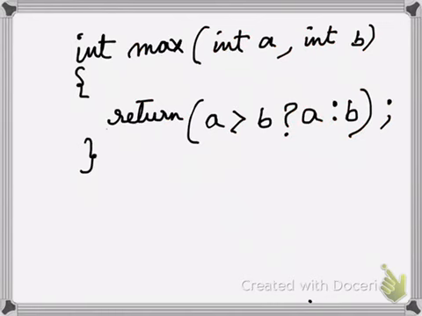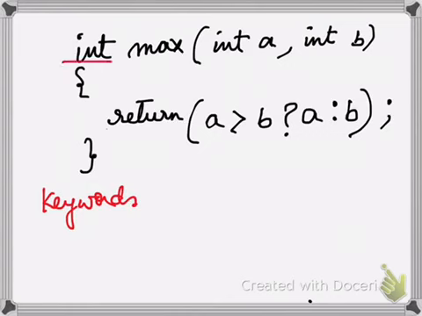Here we have a function max. It takes 2 arguments and then it returns the largest. So here let us first identify the keywords. Let me mark the keywords in red.